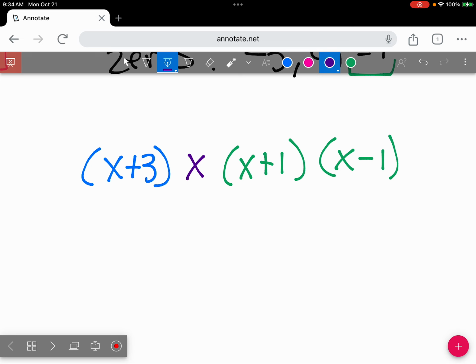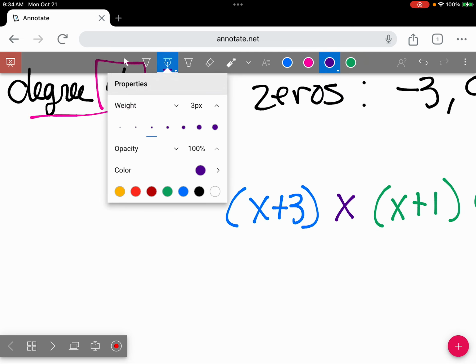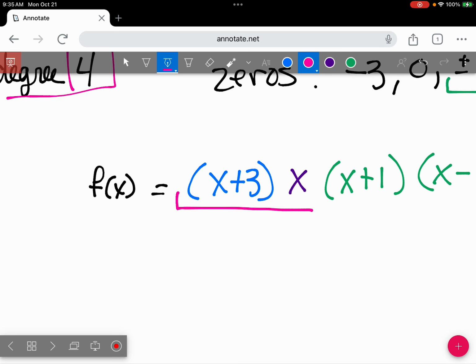So then what we're going to do is multiply this out, because this is our f of x, but we need it in standard form. So this is our function, but we need it fully multiplied out. I'm going to multiply this in two groupings, this group as one multiplication and my green group as one multiplication. My x plus 3 times x is going to give us x squared plus 3x.